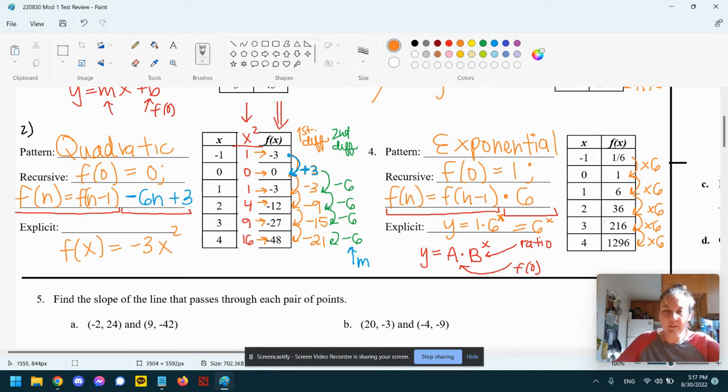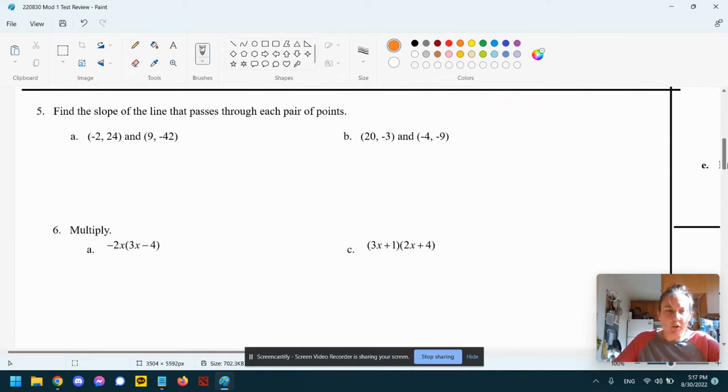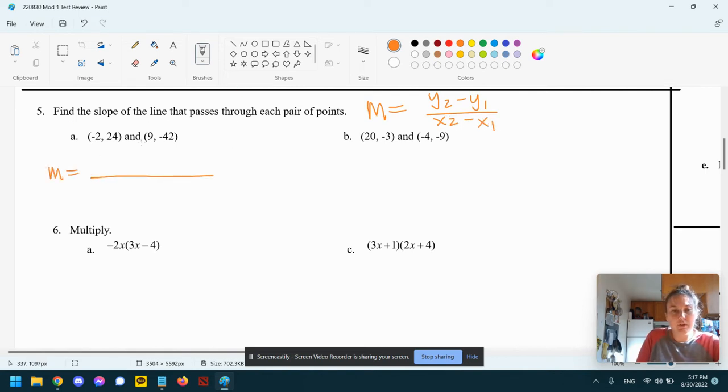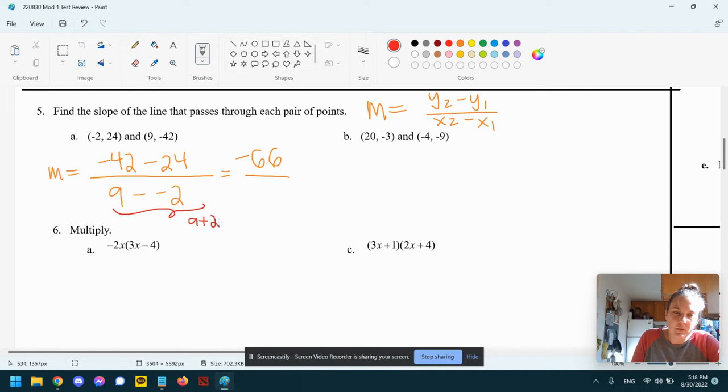All right, first one. Scroll. Find the slope of the line that passes through each pair of points. We will use the slope equation, y2 minus y1 over x2 minus x1. So here the slope that passes through these 2 points is -42 minus 24 over 9 minus -2. -42 minus 24 is -66. 9 minus a -2 is the same thing as 9 plus 2, which is 11.